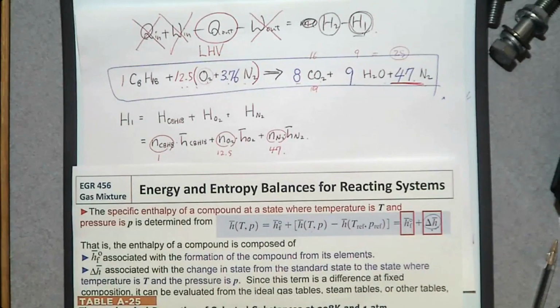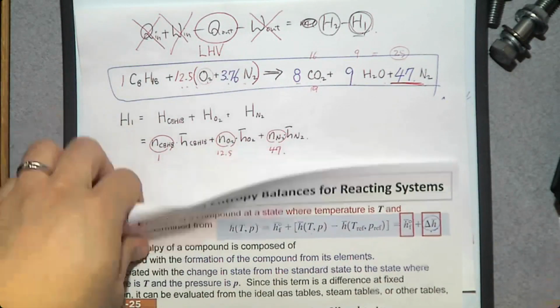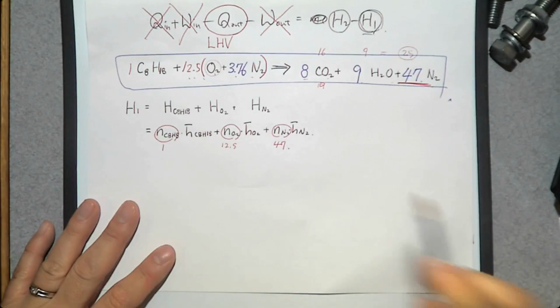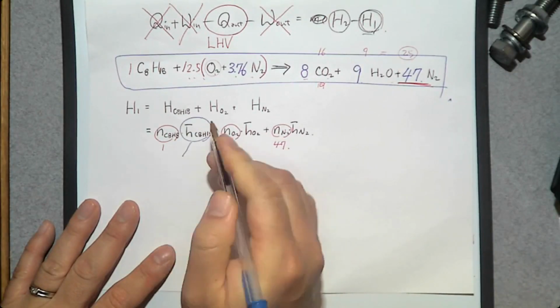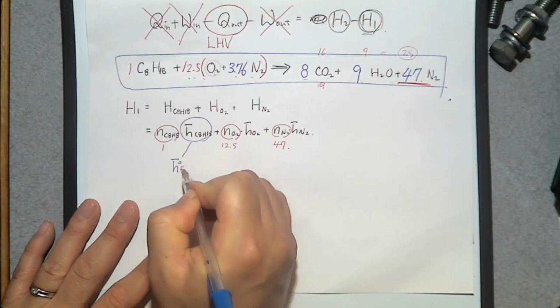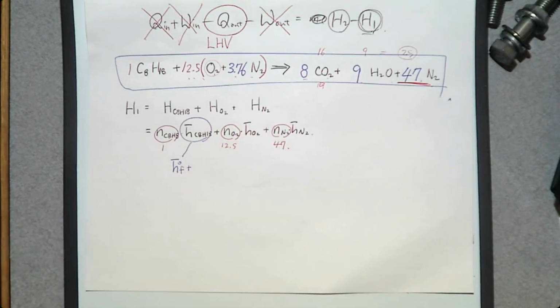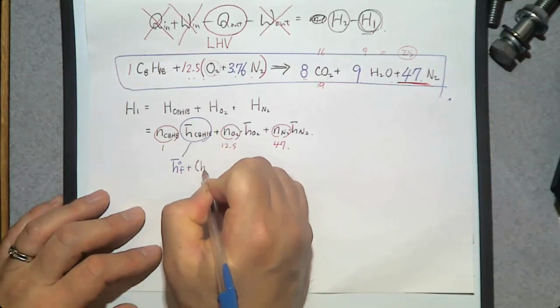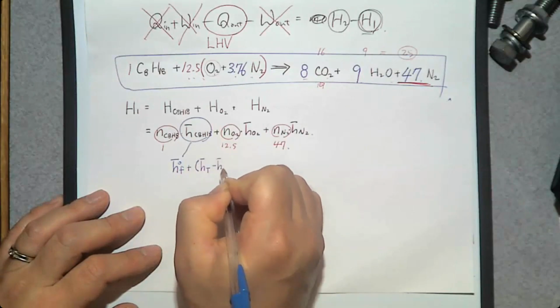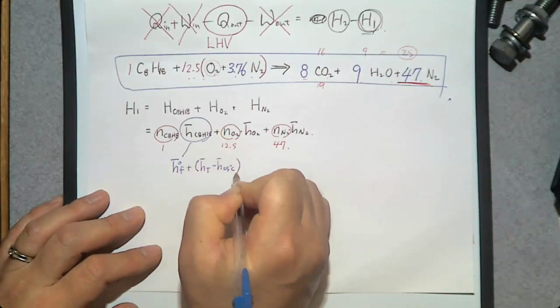H bar can be determined by the enthalpy of formation plus delta H bar. How do we determine delta H bar? H bar at the given temperature minus H bar at the standard state, 25 degrees Celsius.